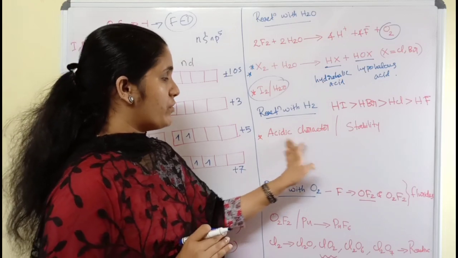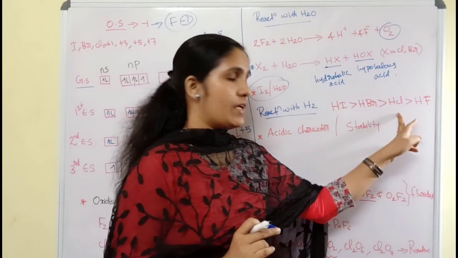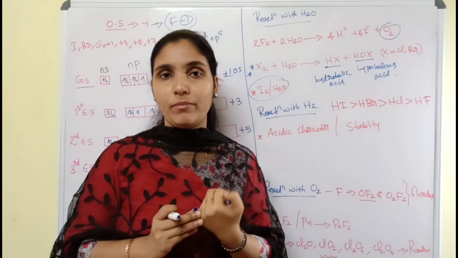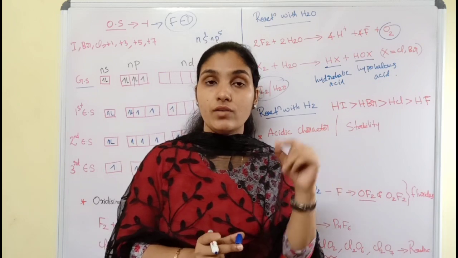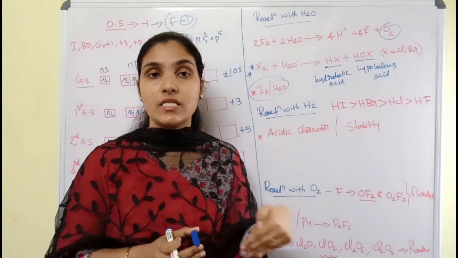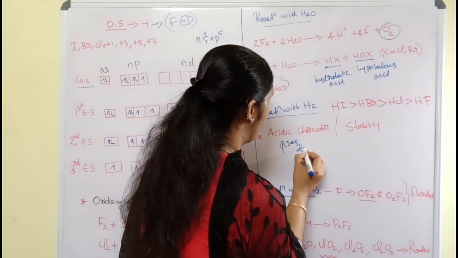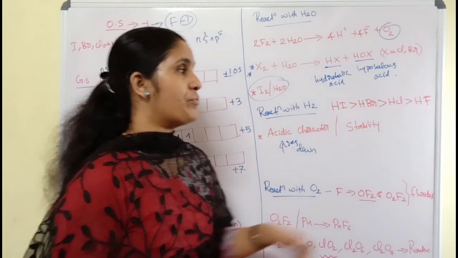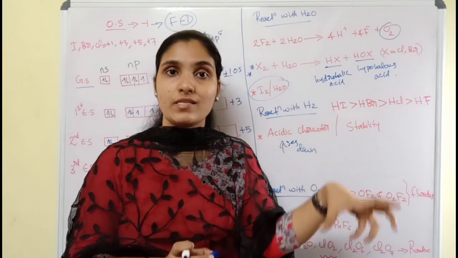Comparing acidic character, we normally think HCl is the strong acid because that is the familiar acid to us, but actually acidic character of these hydrides increases down the group. That means HF is the weak acid and HI is the strongest acid.